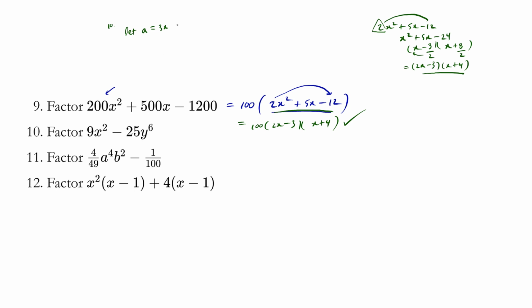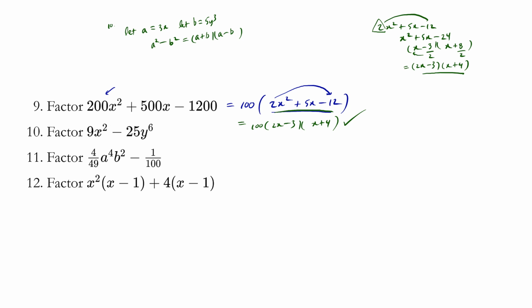And the second part, let b equal the square root of this, which is 5y cubed. If you think about the meaning of a squared minus b squared, that's exactly what we have here. And we know that we can factor this as difference of squares. It's a plus b, a minus b.